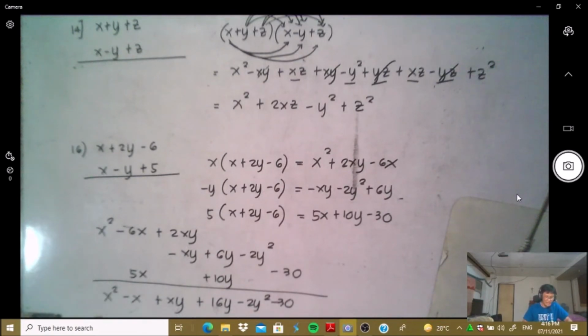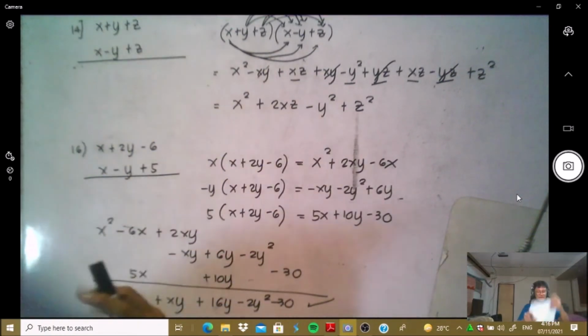We have x squared plus xy minus x plus 16y minus 2y squared minus 30. Okay, this is the correct format. This should be x squared, then x, then xy, then y, then y squared, and 30. So this is our answer for number 16. Okay, for number 18.